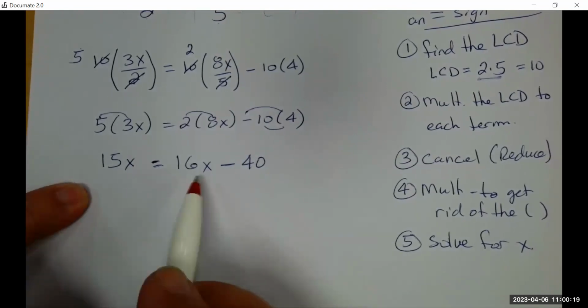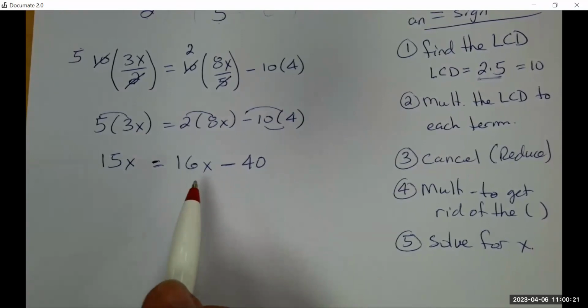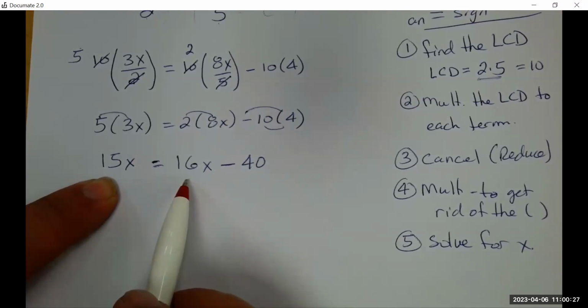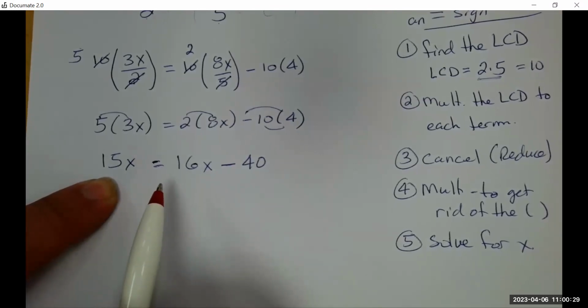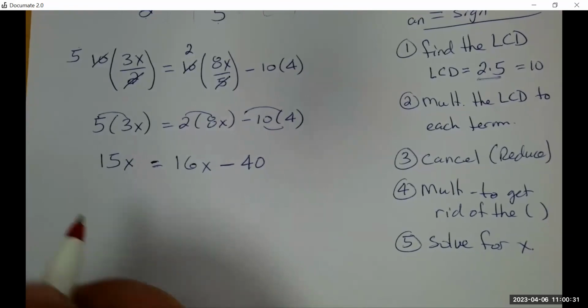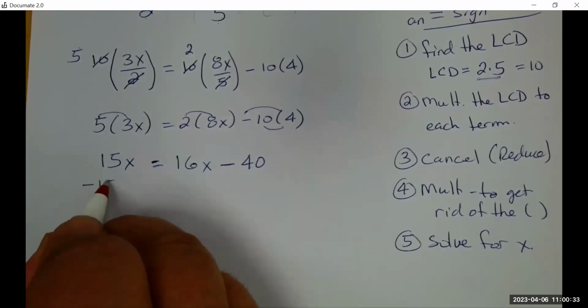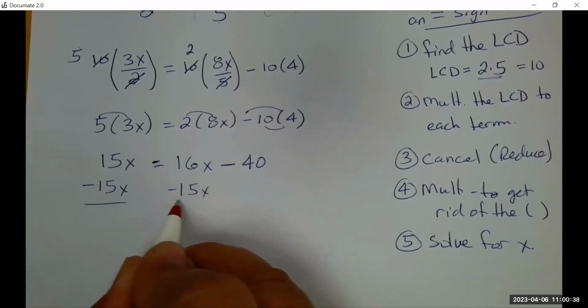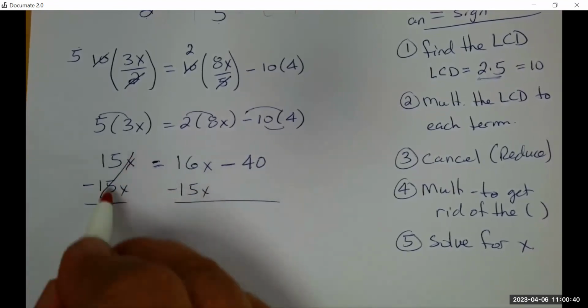Now, there's no combining like terms. Remember what I said: whenever you have x's on both sides, which one do you move? Always move the smaller to the larger.